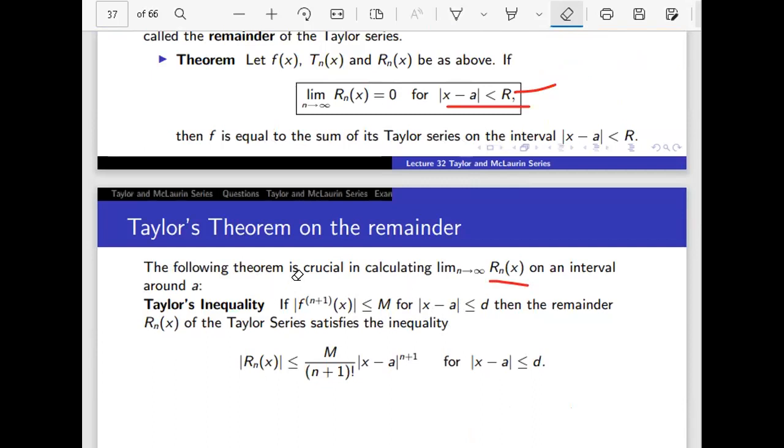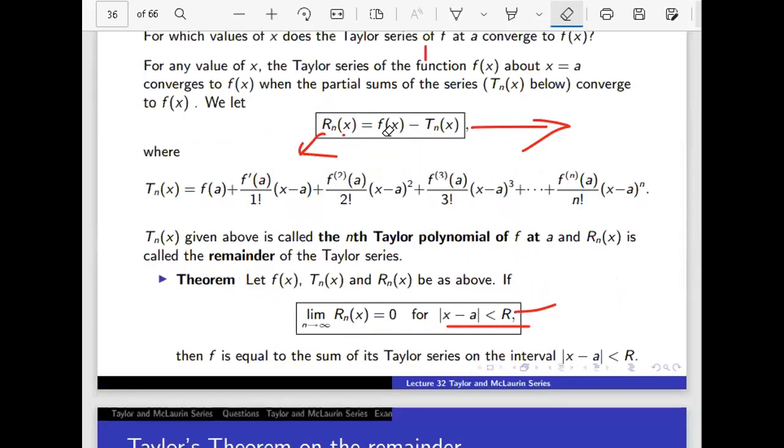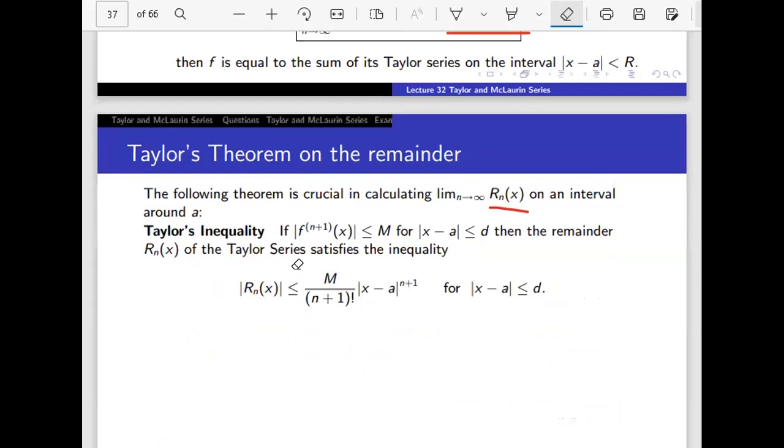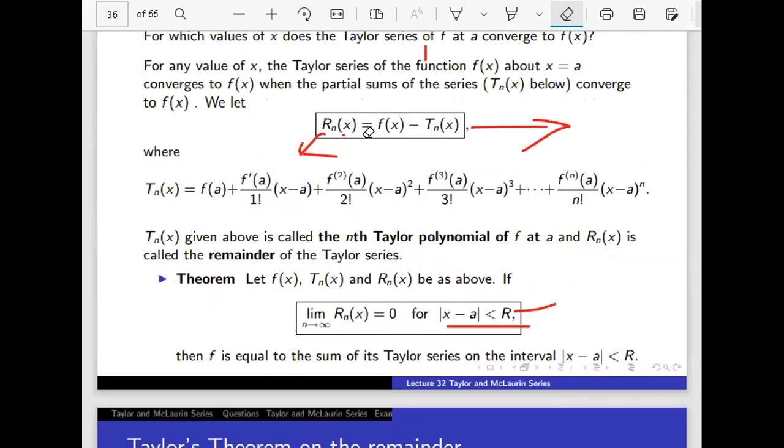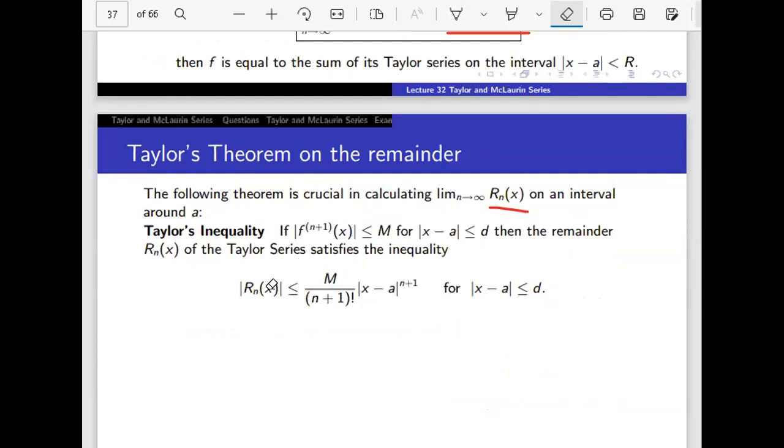If the n plus 1 derivative of that function is bounded, that means you can find an uppercase M over this interval, then this remainder, the difference between the original and the nth order Taylor polynomial, you can show that the absolute value of the distance between the original and the Taylor polynomial is less than or equal to this quantity: M divided by (n plus 1) factorial times the modulus of x minus a to the n plus 1, over this interval, right?